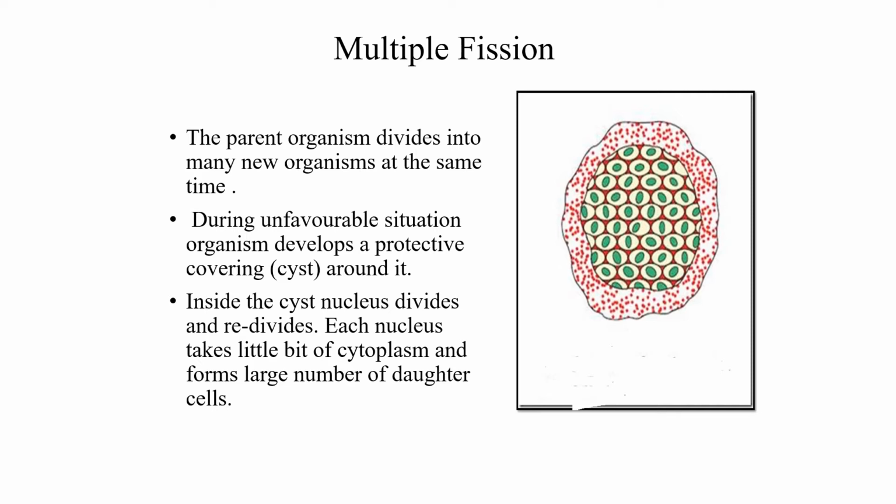During an unfavorable situation, the organism develops a protective outer covering called a cyst around it. Inside the cyst, the nucleus divides into many pieces. Each nucleus takes a little bit of cytoplasm and forms a large number of daughter cells, surrounded by the protective cyst.